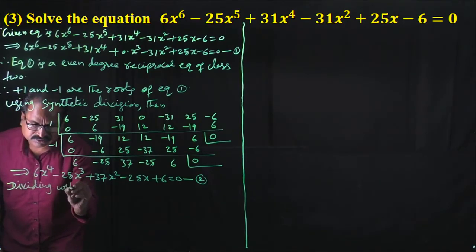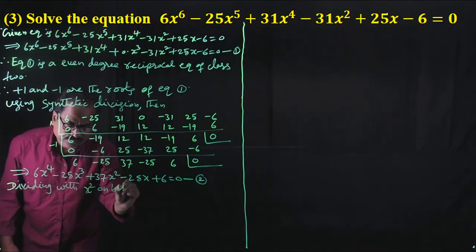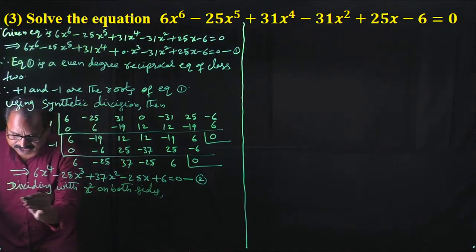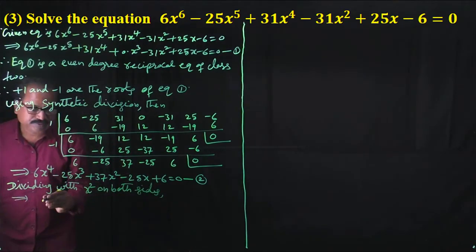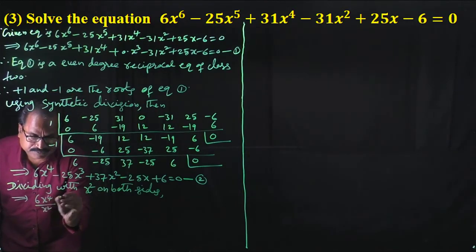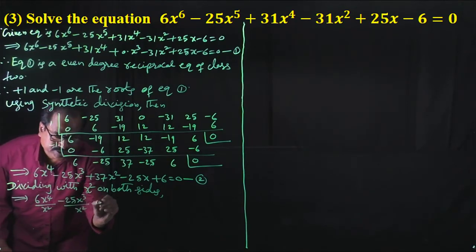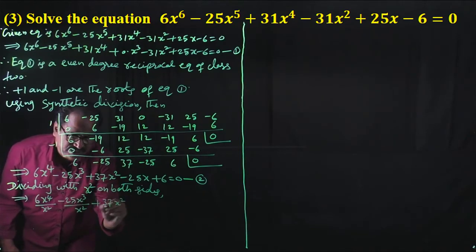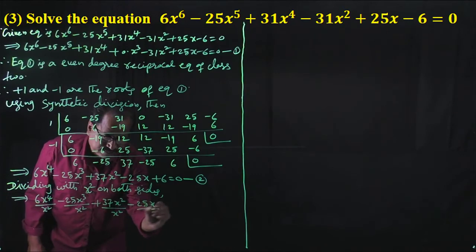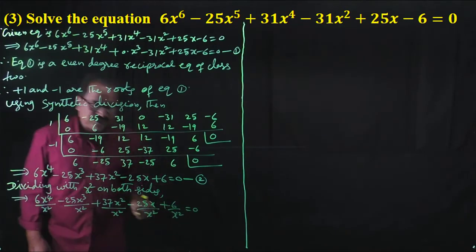Dividing with x square on both sides, this implies 6x to the power of 4 by x square minus 25x cube by x square plus 37x square by x square minus 25x by x square plus 6 by x square is equal to 0.